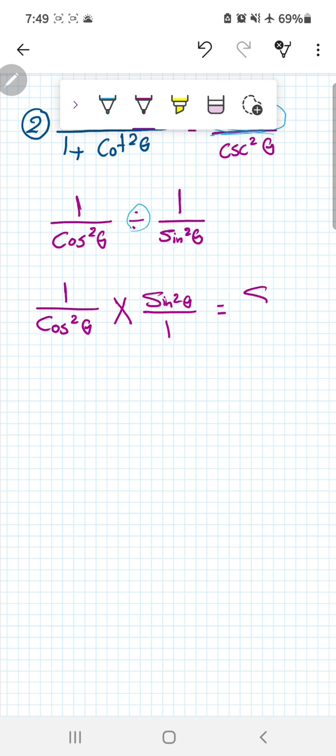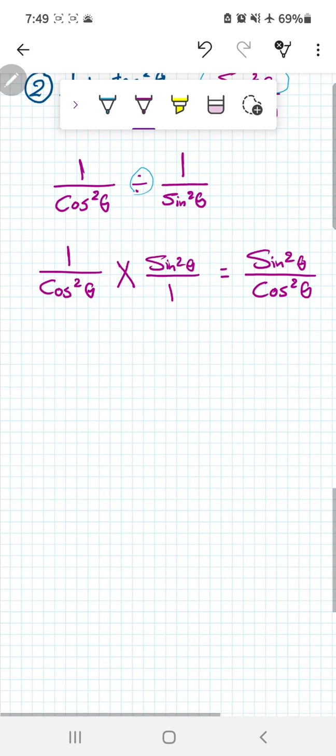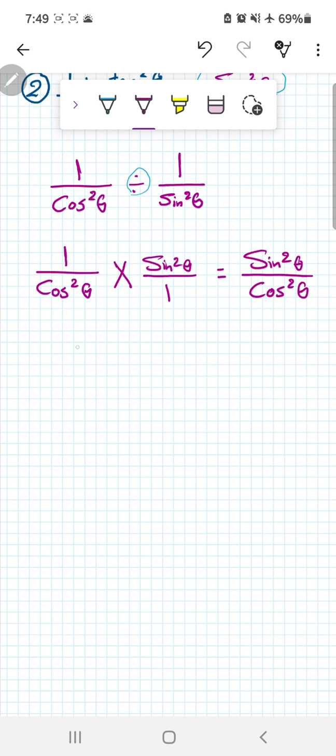It will be sine squared theta over cosine squared theta. Sine over cosine equals what? Equals tan. With power 2, the result will be tan power 2 theta.